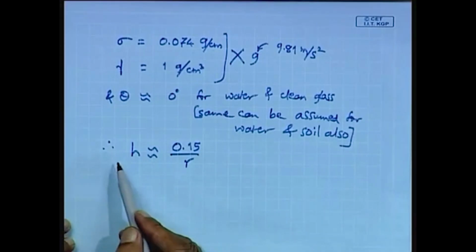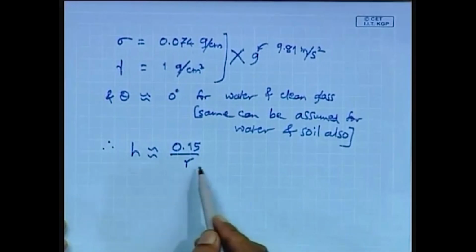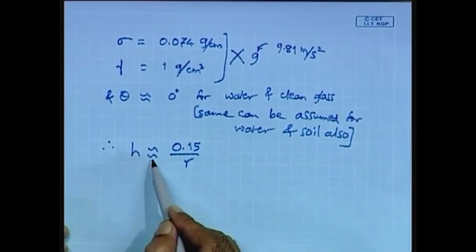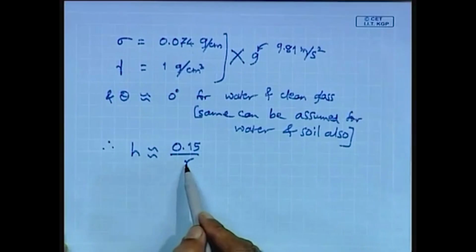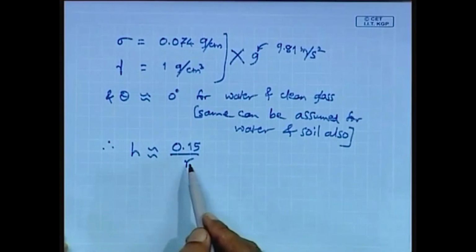Okay. As you can see from this, the capillary rise H, which determines the height of the capillary zone, is inversely proportional to the size of the capillary pores, that is the radius of the capillary pores.